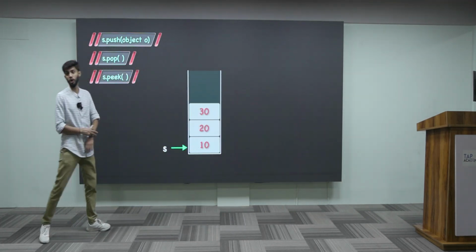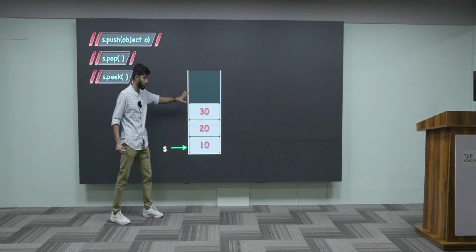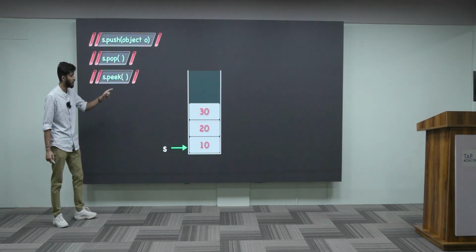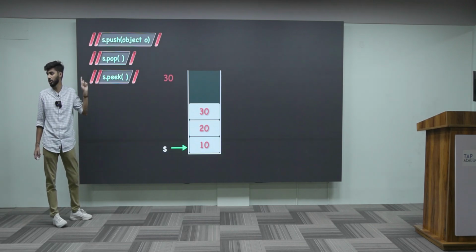So if I say s.peek, what is on the top of the stack? 30. It will return that value. That's all it does. Is that clear to you?